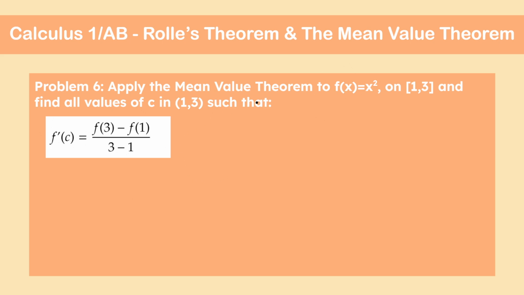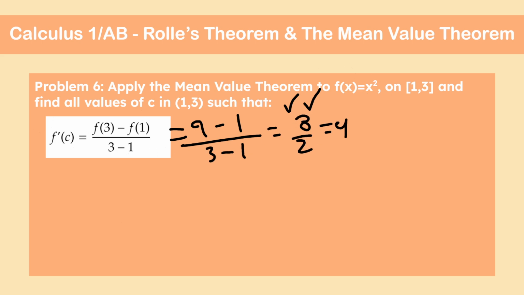So we need to make sure that the function is continuous. It is. And we need to make sure that the function is differentiable, which it is. So now let's find the secant line. f(3) will be 9, f(1) will be 1, 3 - 1 is equal to 2, so we get that 8 over 2 is equal to 4.